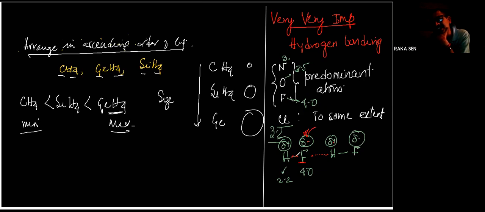Since it has dragged a substantial amount of electrons towards itself, there will be a substantial deficiency of electrons in H. So it will be substantially delta plus. So there will be a strong attraction between this delta minus and this delta plus. This is called hydrogen bonding. There is no physical sharing of electrons. This bond involves only electrostatic attractions.